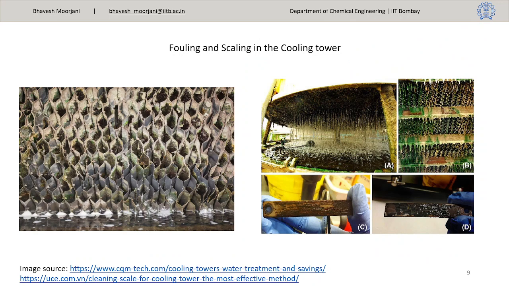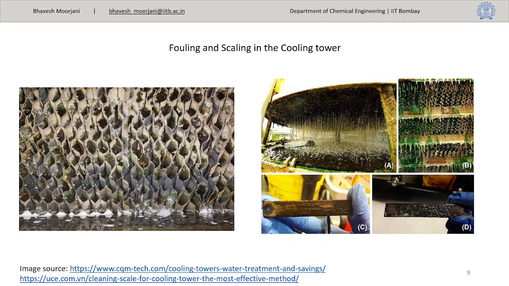And this is another example, the cooling tower, where we need to maintain the cooling water quality. So that's why in the cooling tower you must have heard terms like make-up water and blow down water. Over time cooling water quality will deteriorate because of contamination from the environment as well as from the process stream. So the solids present in the cooling tower will increase, so we need to make up with fresh water, increasing the quantity in the cooling tower, so that the overall concentration of solids goes down, as well as some of the concentrated cooling tower water has to be blown down to maintain the quality.